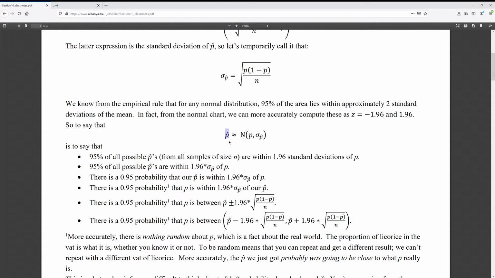As always, the one is exactly what we mean by the other when it comes to probability. So 95% of all possible statistics, p-hats, from all possible samples of that size are within 1.96 standard deviations of p. So the p-hats are bouncing around that center of p, no bias.